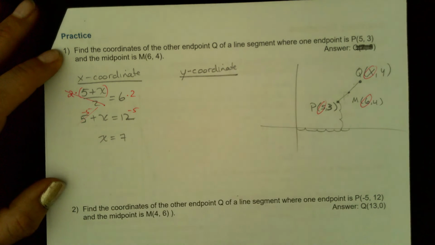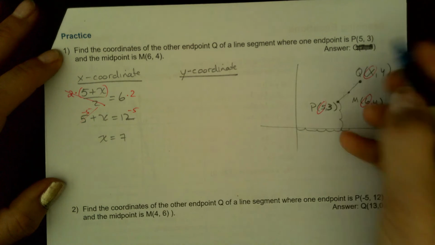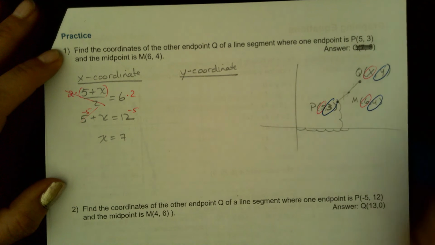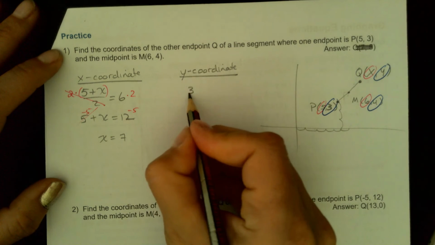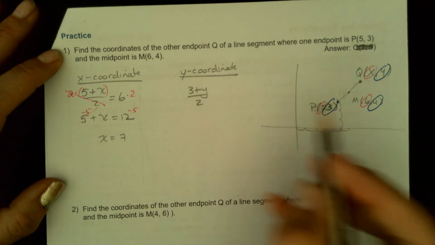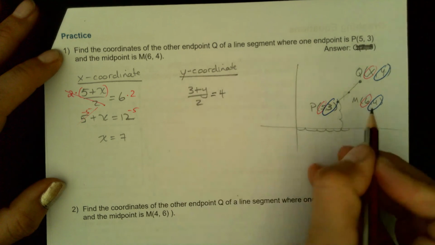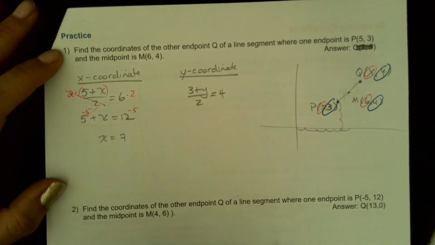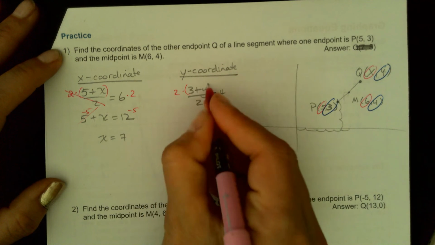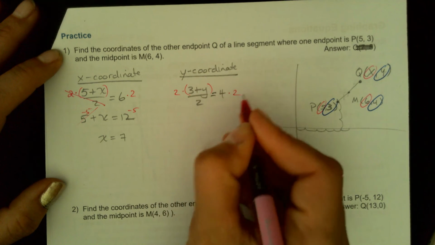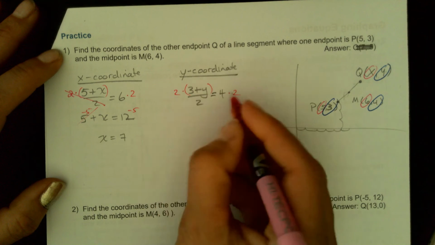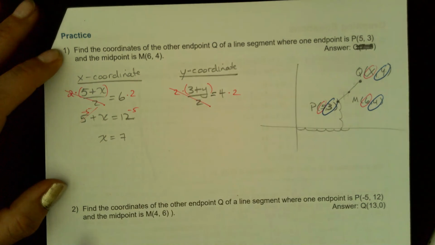Now I'm going to do the y coordinate. The y coordinates are blue here. So 3 plus y over 2, and we divide by 2 because it's an average. Then it has to be equal to this point. Now we multiply by 2 to get rid of this 2, but we have to do it to both sides because it's an equation. It's equal.